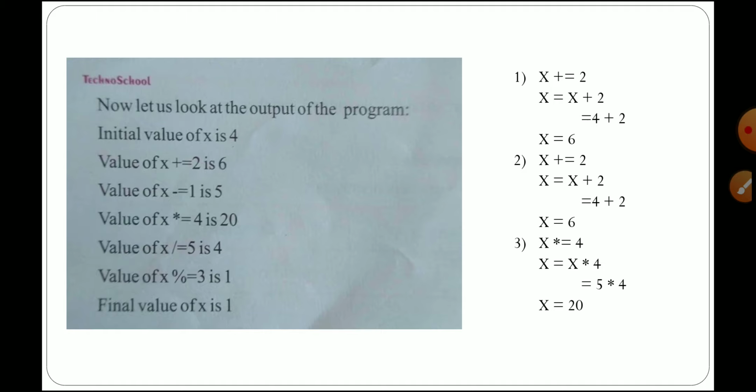The initial value of x is 4, given on the left hand side. So 4 plus 2 is 6. Now the x value is 6. Next one, x plus equal to 2.